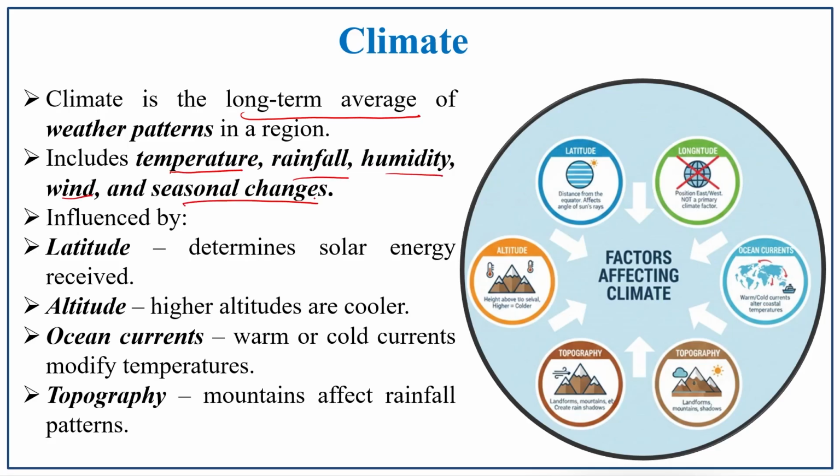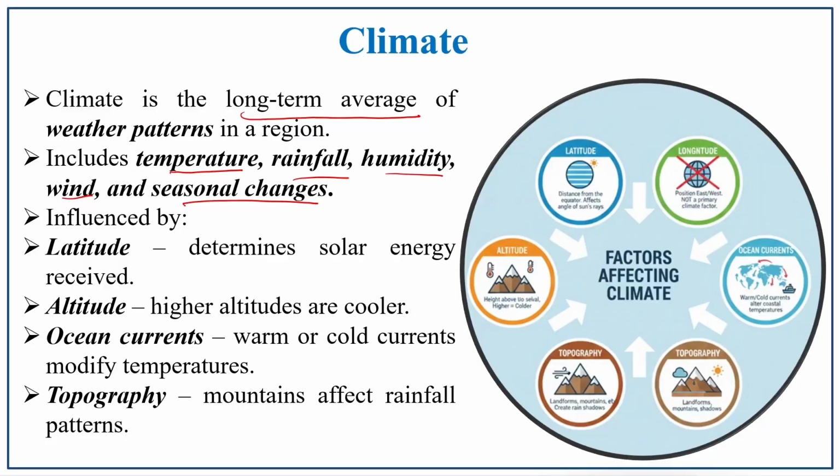What are the factors which influence the climate? They are the latitudes, which determine the solar energy received at the earth's surface, and altitudes. We all know that altitude, that height, determines whether it is directly received solar radiation, whether it is a higher latitude, how far it is cooler, or if it is a lower latitude, how far it is going to be warmer.